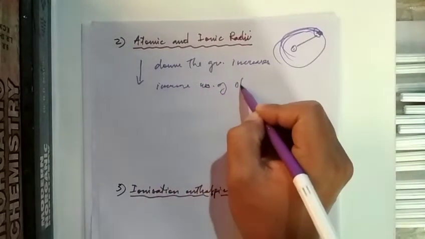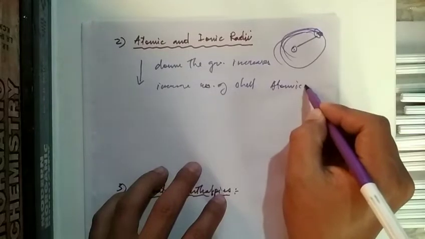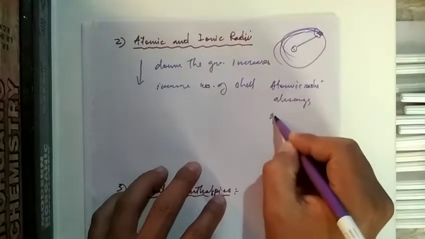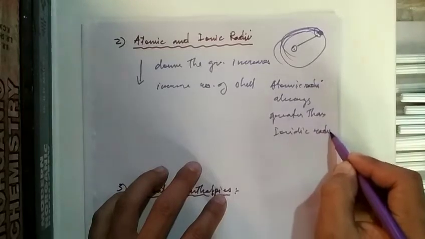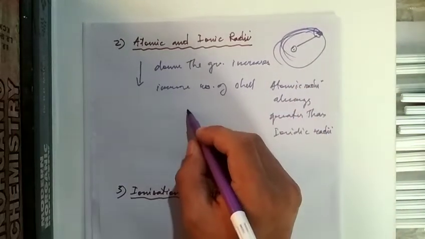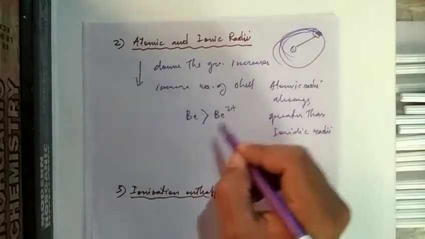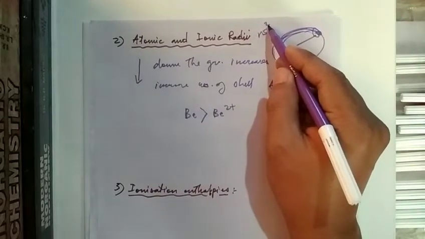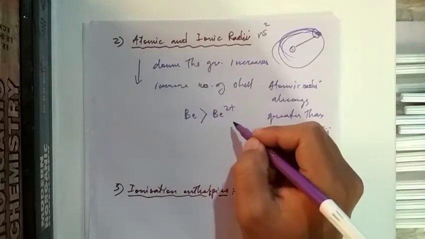This is due to the increase in the number of shells also. Please note that atomic radii will always be greater than ionic radii for the same element, like beryllium: Be will always be greater than Be2+. I am writing 2+ because in the outermost shell 2 electrons are there, and usually they lose these 2 electrons to become 2+, like Be2+ or Mg2+.